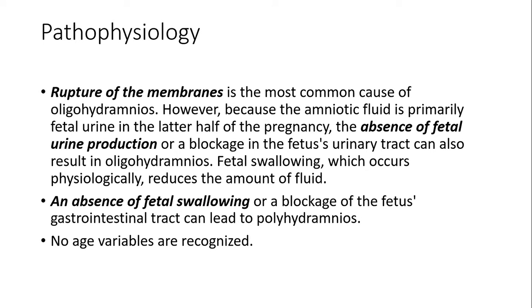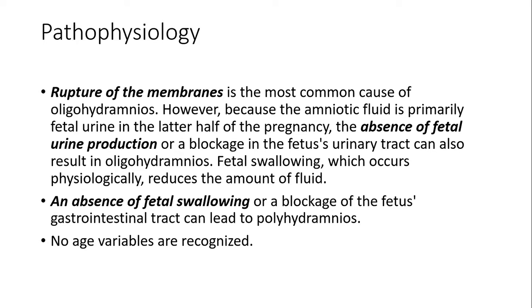Rupture of membranes is the most common cause of oligohydramnios. However, because the amniotic fluid is primarily fetal urine in the latter half of the pregnancy, the absence of fetal urine production or a blockage in the fetal urinary tract can also result in this condition. Also, fetal swallowing, which occurs physiologically, reduces the amount of fluid.